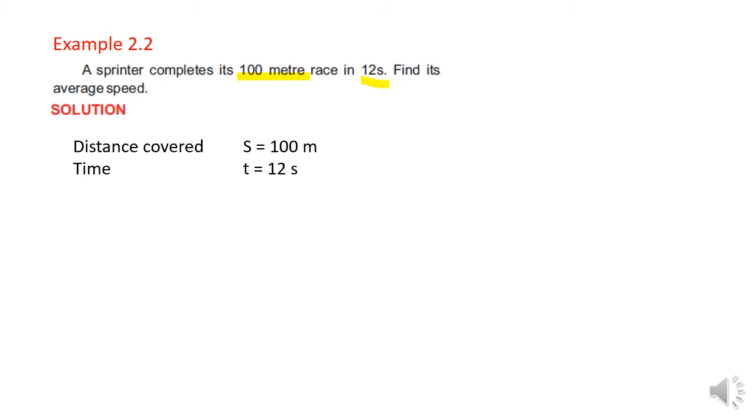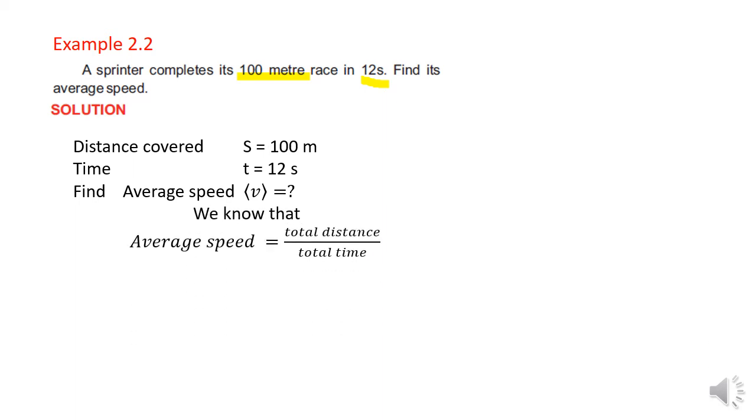Note that in physics the SI unit of time is second. So whenever we are going to solve a numerical question, we will convert the time to seconds, and we are asked to find the average speed of the sprinter. So we know that the average speed is equal to the total distance covered divided by total time taken.